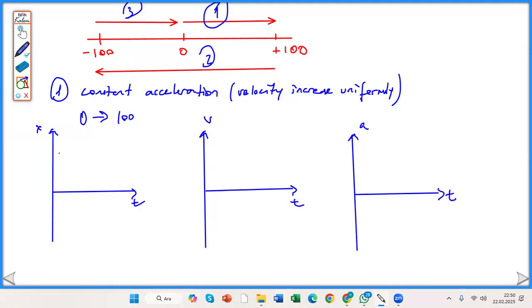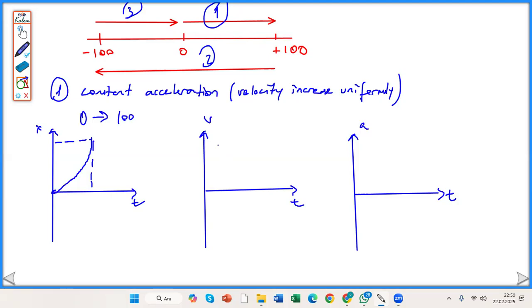Firstly, velocity is increasing uniformly. That's why its graph is like a parabola, the graph of a quadratic function. An increasing parabola.